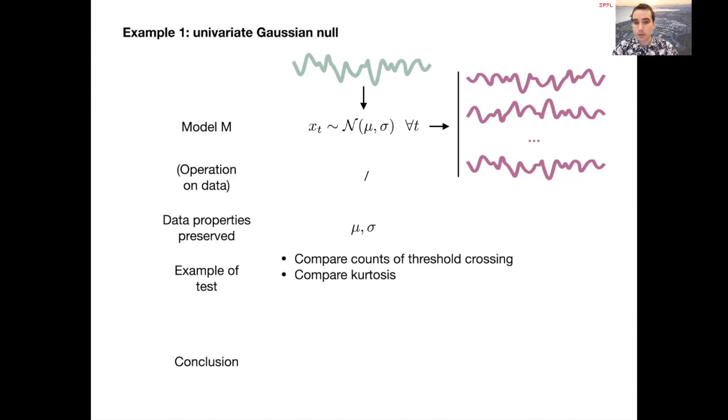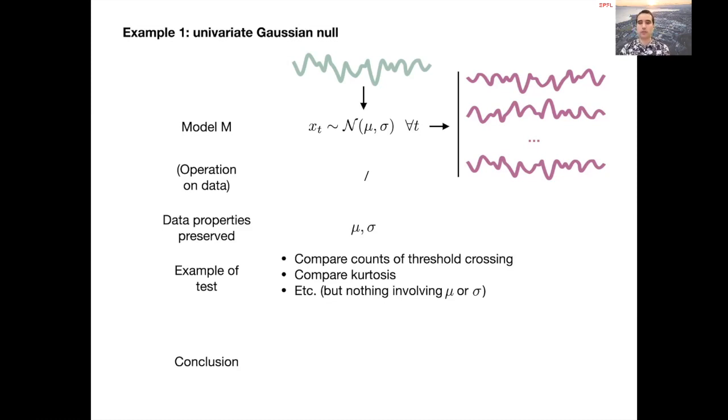It could also be to compare kurtosis. Kurtosis is defined as a fourth order statistic of the data. And you could define many other statistics and useful values of M, but obviously nothing that involves mu or sigma, because these are by construction the same in original and surrogate data. And so you would have that the null model is not rejected, but for obvious reasons, right?